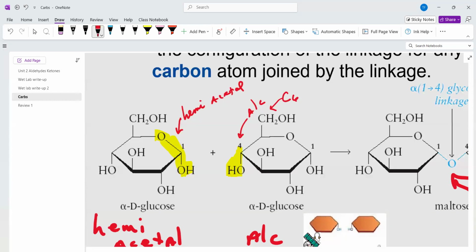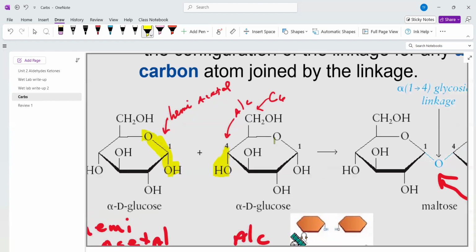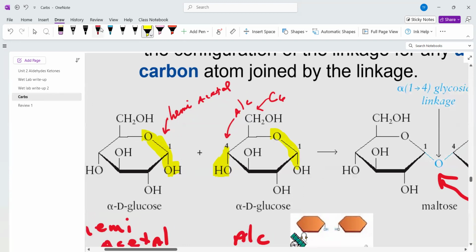Okay, so we have a hemiacetal plus an alcohol. That means we're going to form an acetal. And one other little thing here is there's a hemiacetal because they're both glucoses.